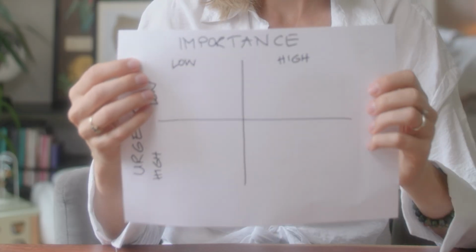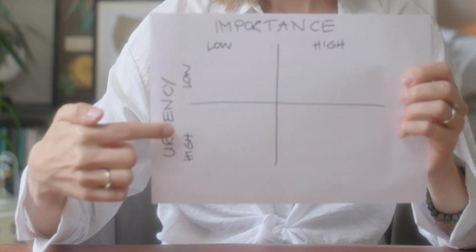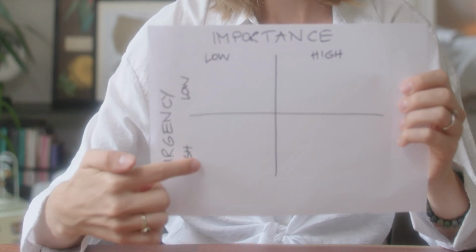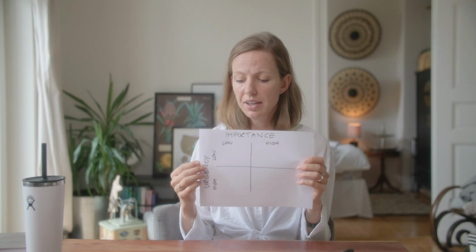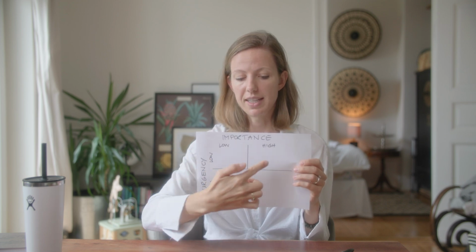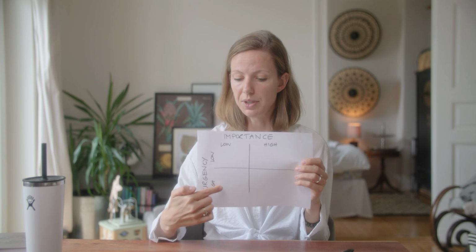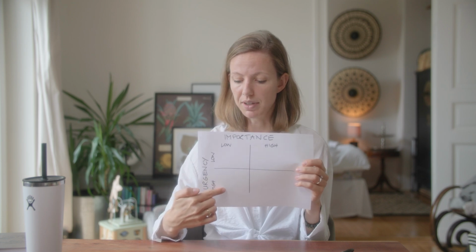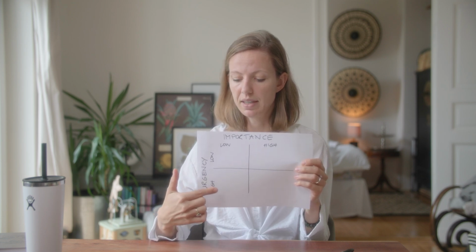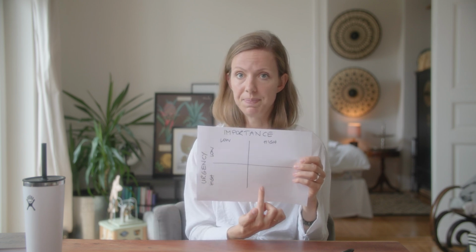So here we have the importance, low to high, and here the urgency, low and high. So now you have tasks which are not important and not urgent. You have tasks which are very important but not urgent. You have tasks which are not important but very urgent. And you have tasks which are very important and very urgent.